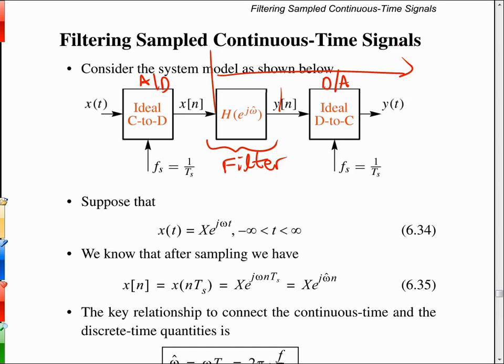Or in the case of your cell phone, it happens like this too, except it happens in a more distinctive way in that on the cell phone, the continuous to discrete processing happens when you're talking to somebody, and then the sequence right here would go through a speech encoder.